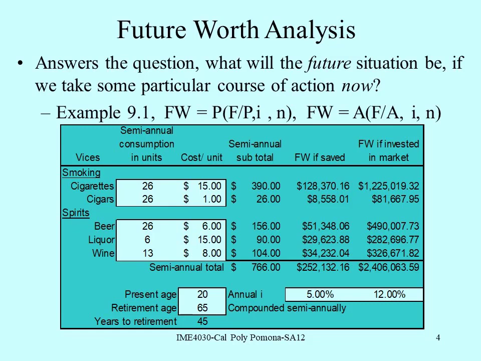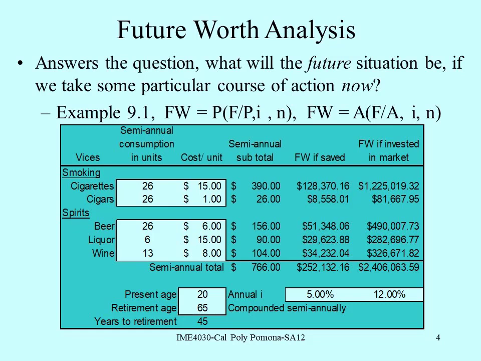Well, for cigarettes, if you invested that money at 5%, you see that the future worth is $128,000 plus. And if you used 12% as an interest rate, let's say that you were a good market investor, that would be $1,225,000.